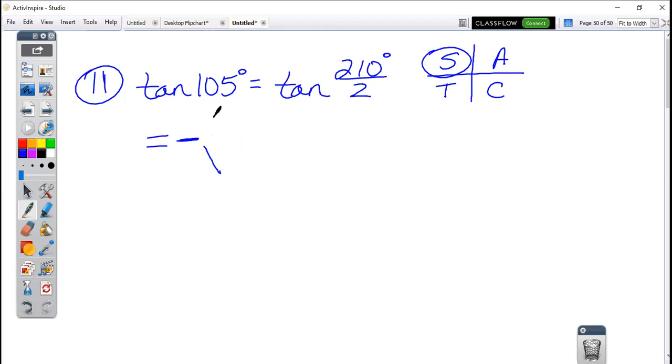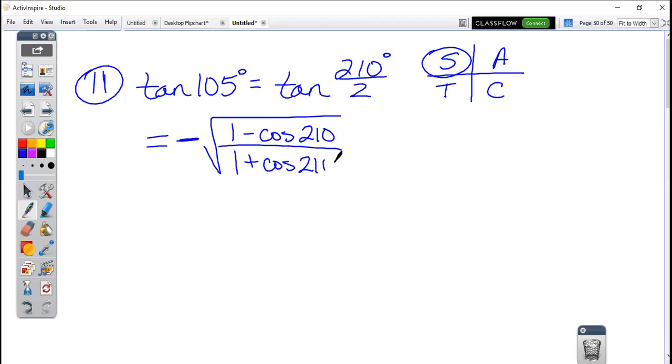So it's negative square root, all right, of 1 minus cosine of 210 divided by 1 plus the cosine of 210. Don't forget your negative out front of your square root. It's important.